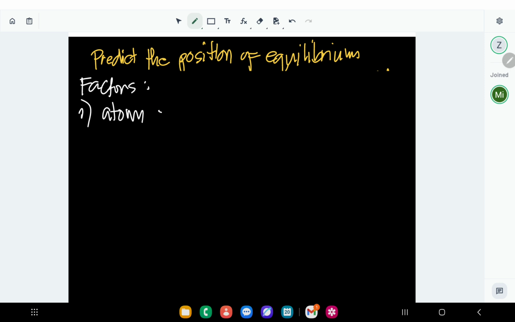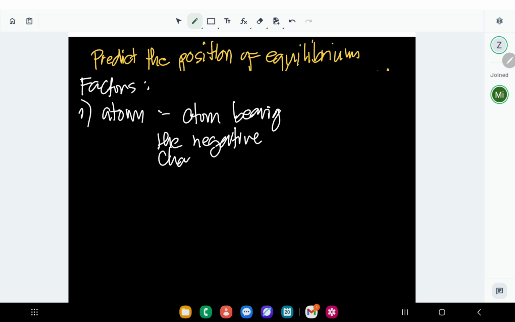Across the period, more electronegative atom, stronger acid. Let me just write that down. So atom, yes, you need to compare the atoms, the atom bearing the negative charge in the conjugate base. Okay, more electronegative, stronger acid. Down a group, larger atom, stronger acid.